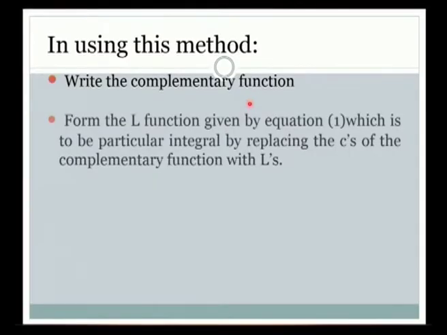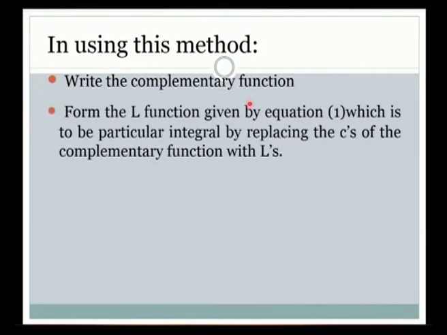In using this method to find L, we first write the complementary function, then form the L function given by equation 1, that is y is equal to L1 y1 of x plus L2 y2 of x plus L3 y3 of x.